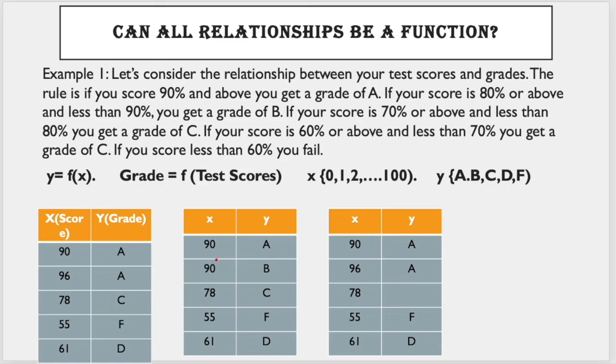Because in this function table, you can see the value 90, that is the input value, that is the test score, is repeated. And not only that, 90 corresponds to two different y values. So when you input a test score of 90, according to this table, it could have a grade of A. Also, it could have a grade of B, which is wrong, which does not follow the rule.